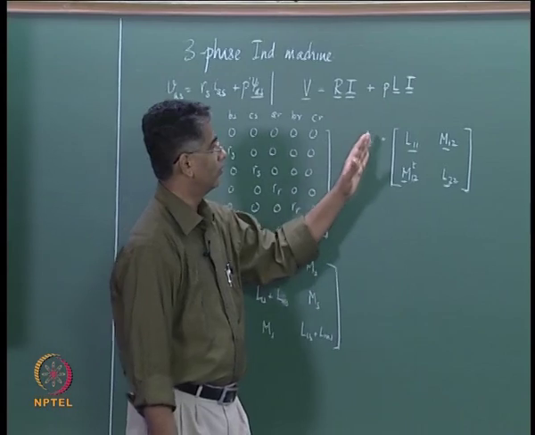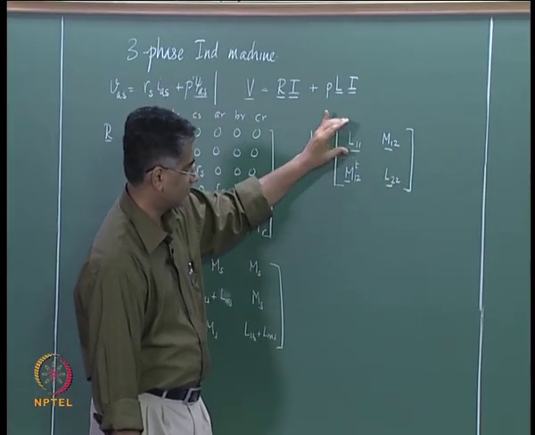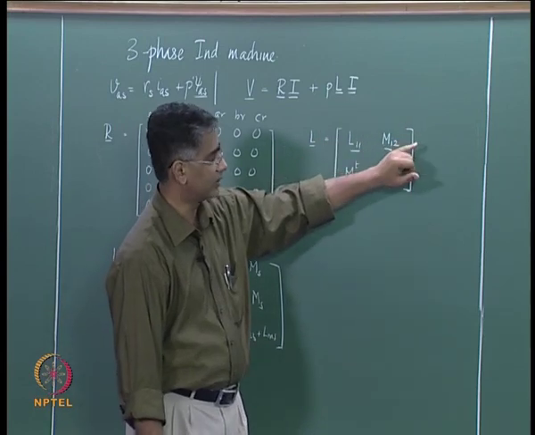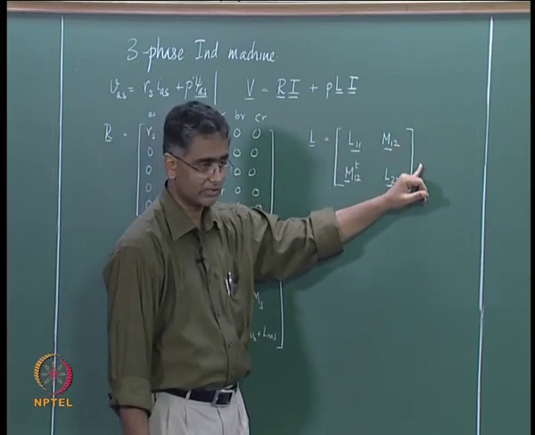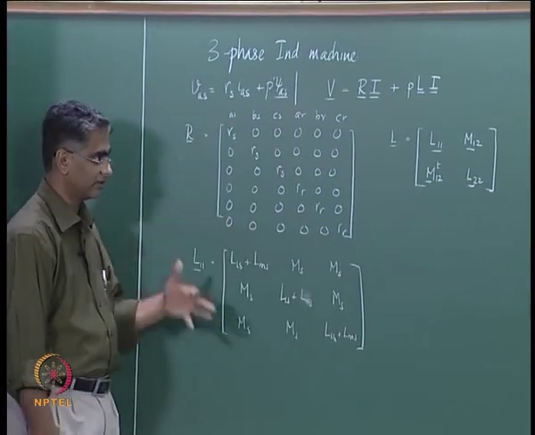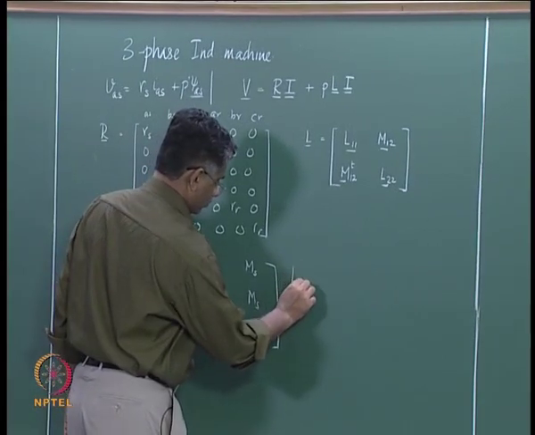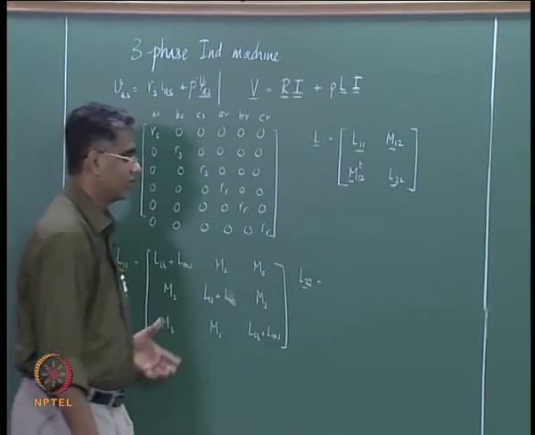So if you write the I vector here, this matrix is going to multiply the vector corresponding to IAS, IBS and ICS. So one can call this the self inductance matrix of the stator. L22 is then similarly described.